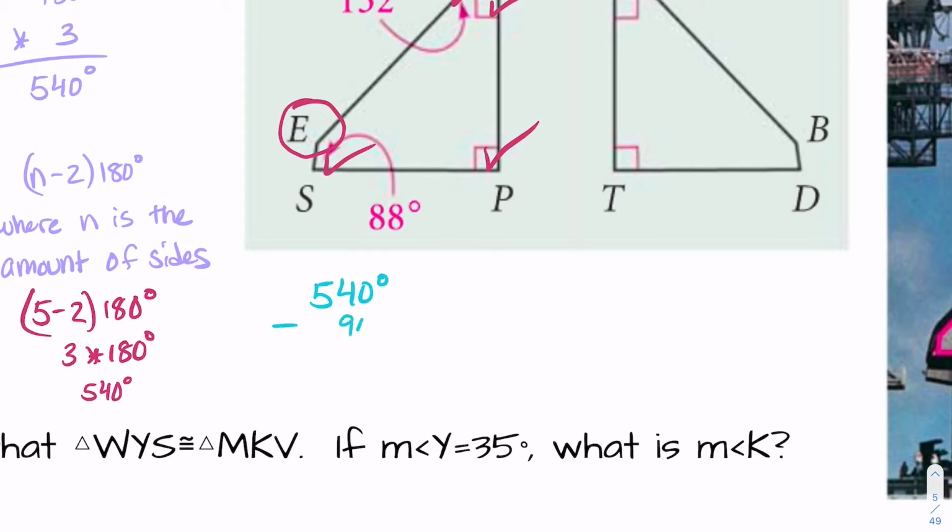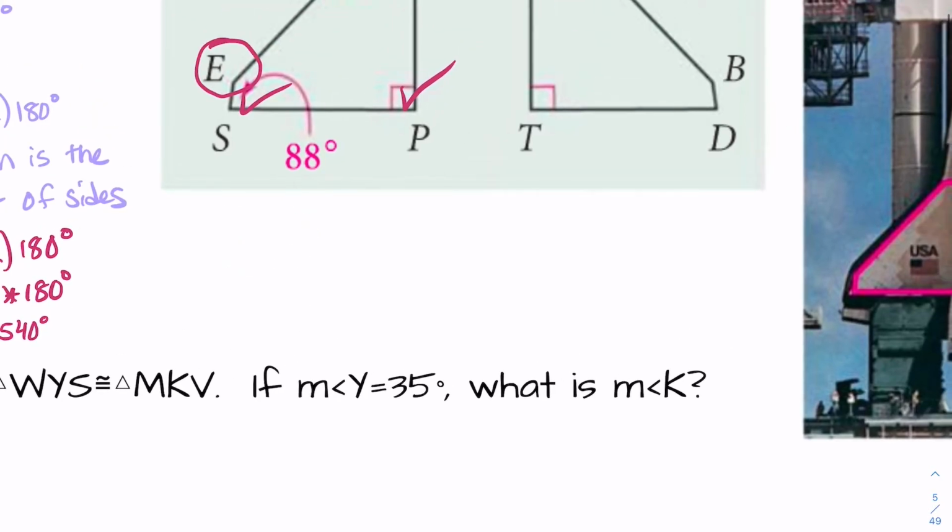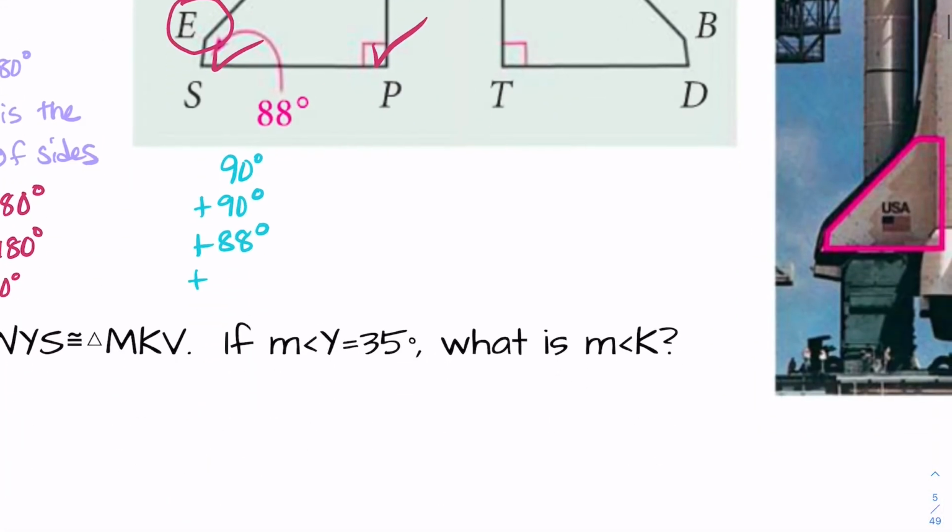I know 90, I know 90, I know 88. You know what? Let me add them all together. I was given 90 degrees. I was given 90 degrees. I was given 88 degrees. And I was given 132 degrees.